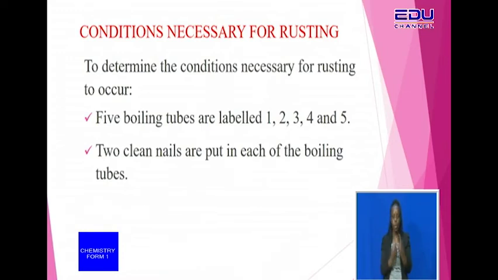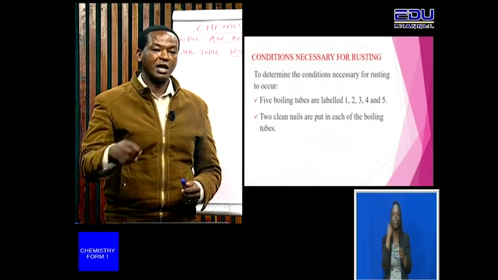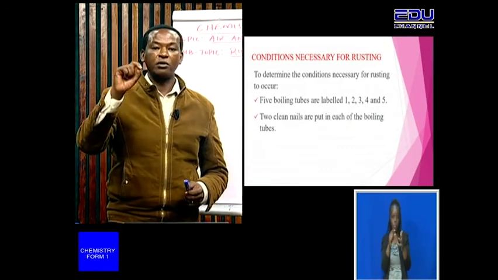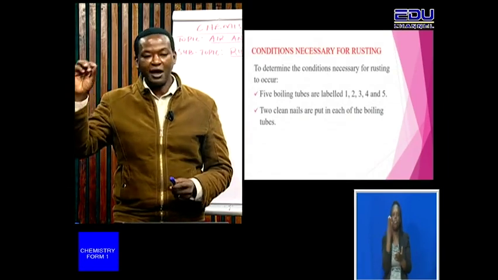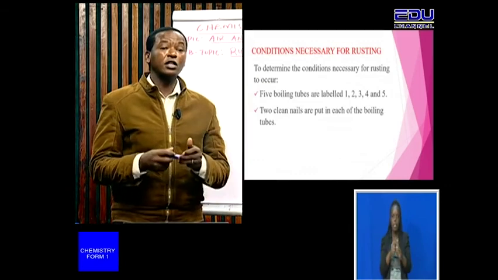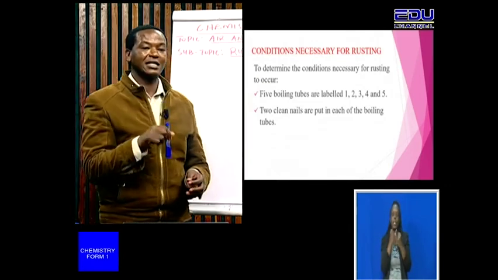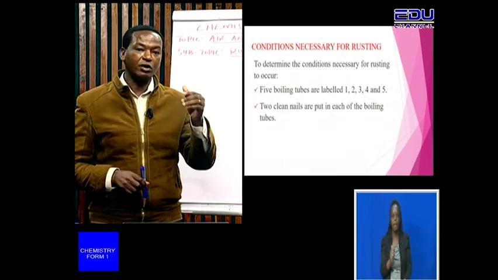Those 5 boiling tubes are labeled boiling tube 1, boiling tube 2, boiling tube 3, 4, and 5. Then in each of those boiling tubes, you put 2 clean nails.